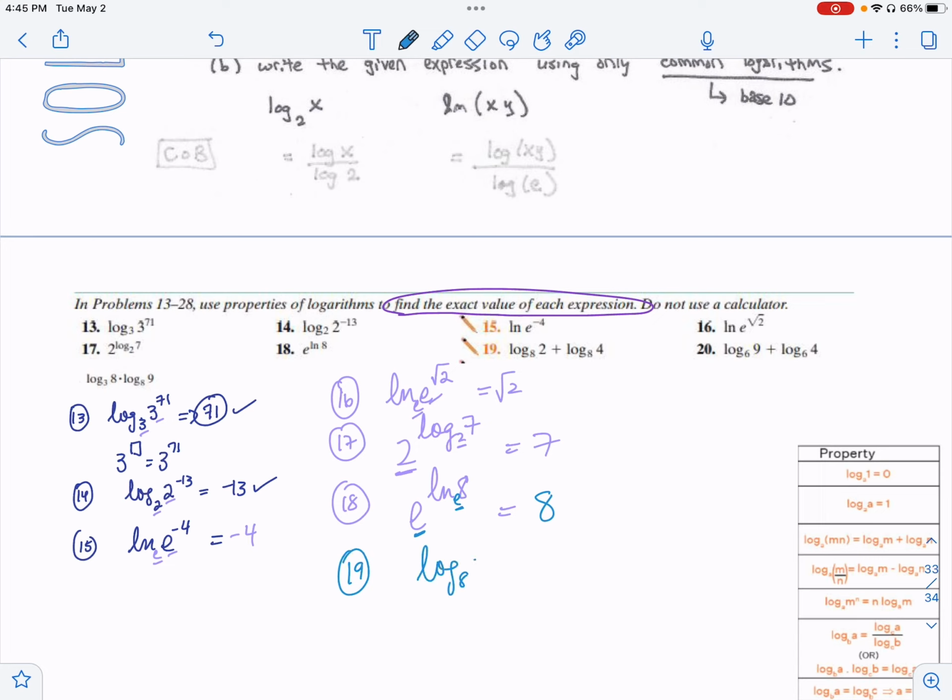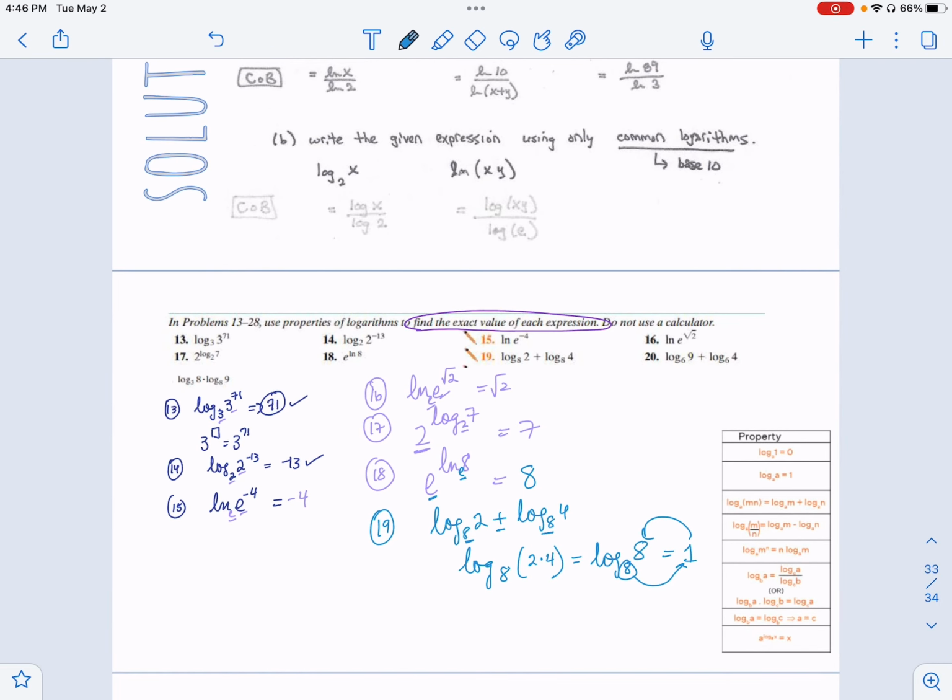19, log base 8 of 2 plus log base 8 of 4. Good thing is the bases are the same, and there's addition here, which means I should be able to compress it to m times n. That compresses to log base 8 of 8, which is simply 1. Like 8 raised to the power of 1 will be back to 8.